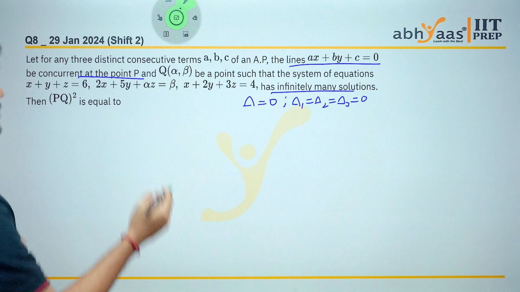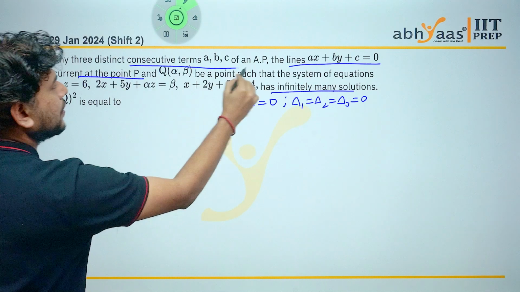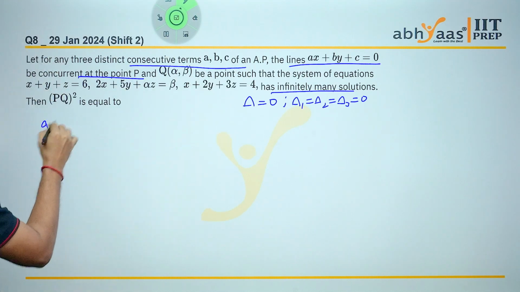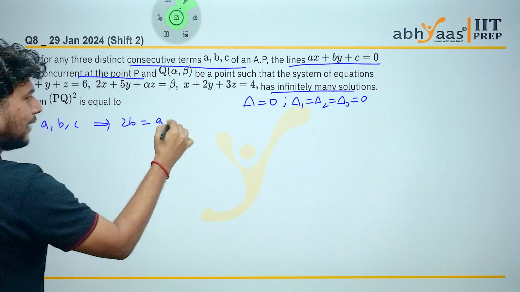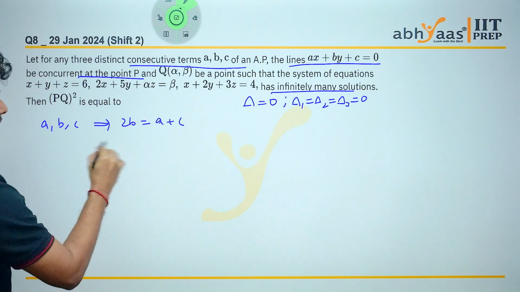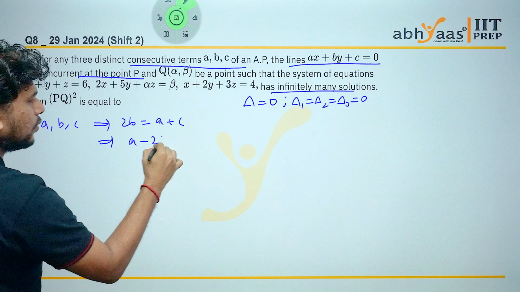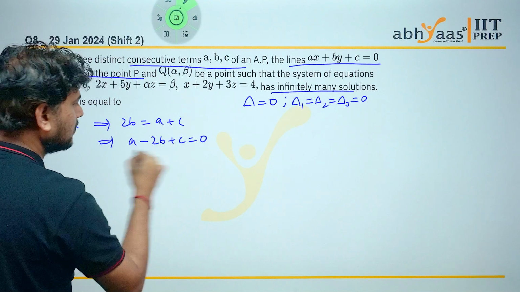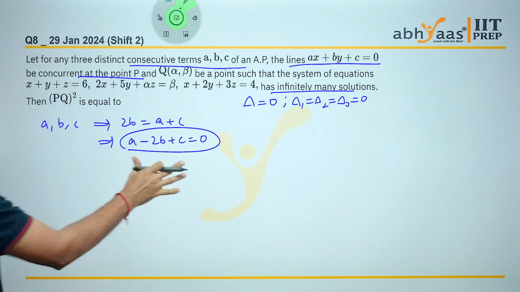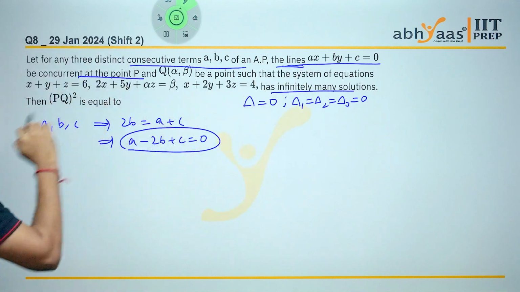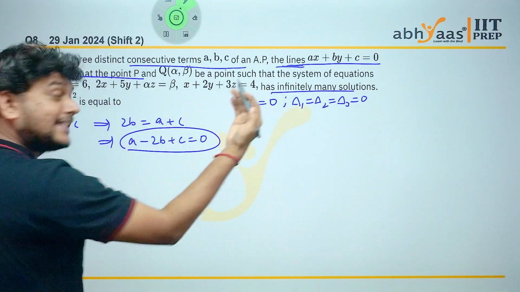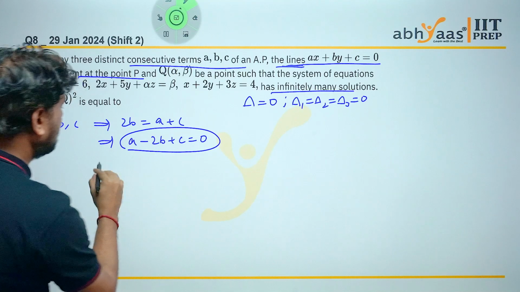So given consecutive terms A, B, C in AP, if A, B, C are in AP, we get 2B is equal to A plus C. That implies A minus 2B plus C is equal to 0. I have written it like this because given the lines, not the line, the lines. So it is a given system of lines.